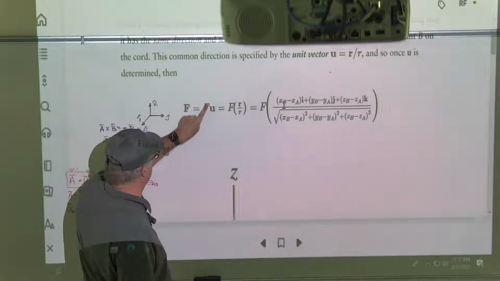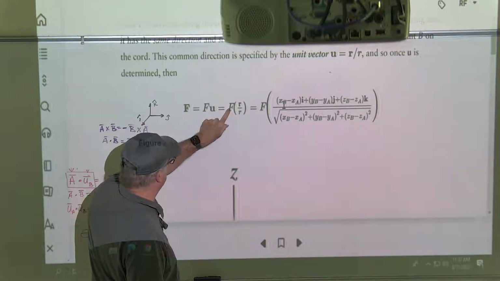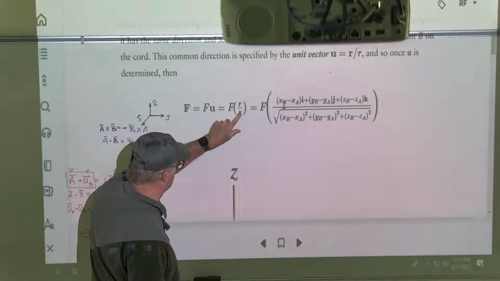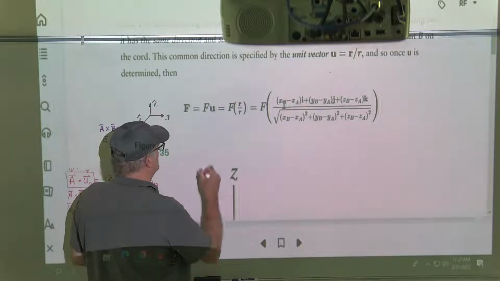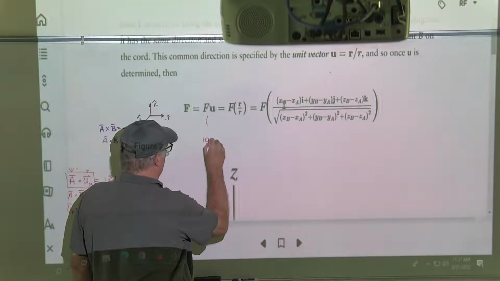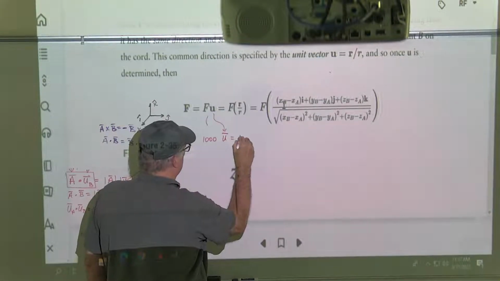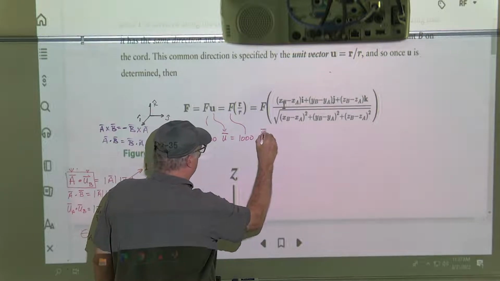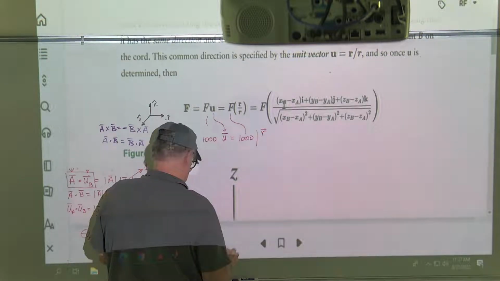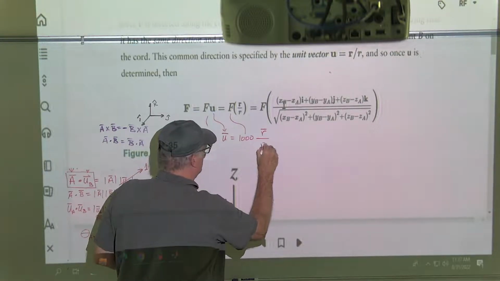Whatever that 1,000 pounds is, that's a scalar. This is a vector, that's a scalar. This is a vector over the length now. So this is the difference in how the book does notation. So this would be 1,000 pounds times my unit vector, which is equal to that 1,000 pounds times the R vector over the length of that R vector.